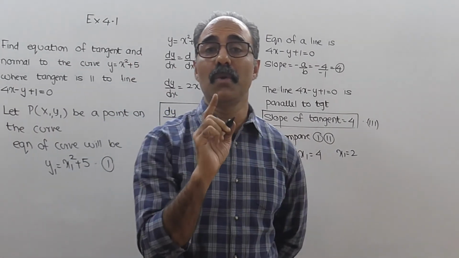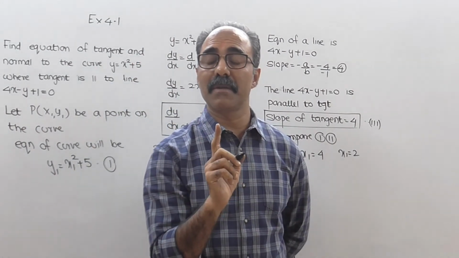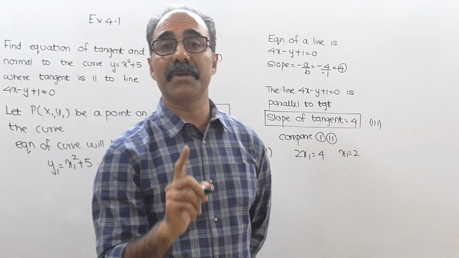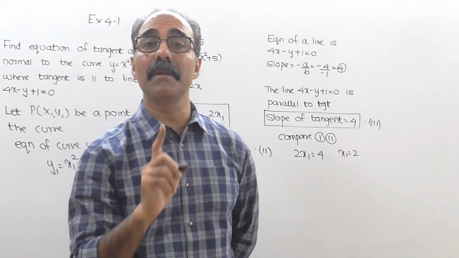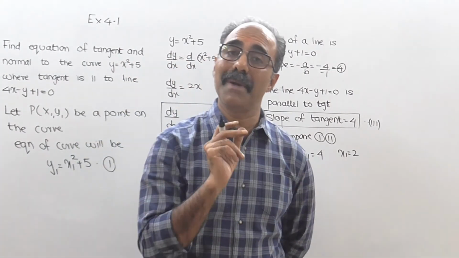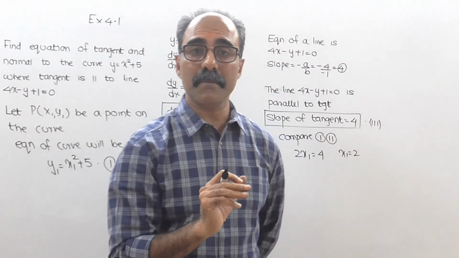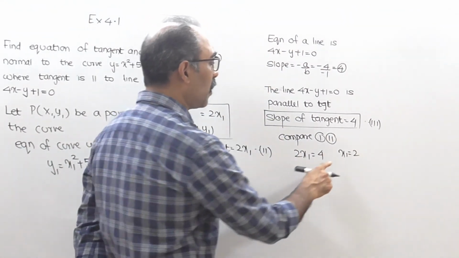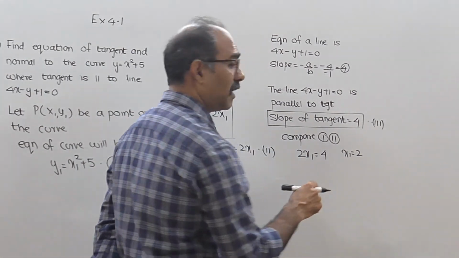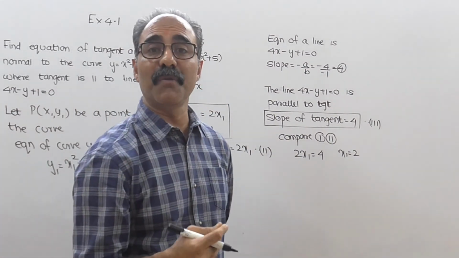Unless and until you are able to find out the coordinates, you cannot find the equation, because the equation is specifically in slope point form. Slope point form itself indicates that you need a slope and you need a point. So now, having got the value of x1 as 2, subsequently we will have to find the value for y1.